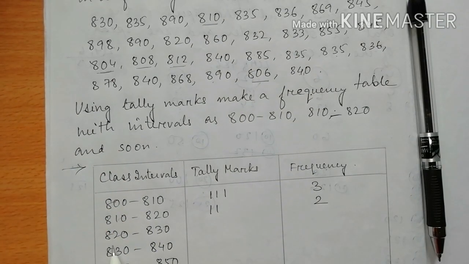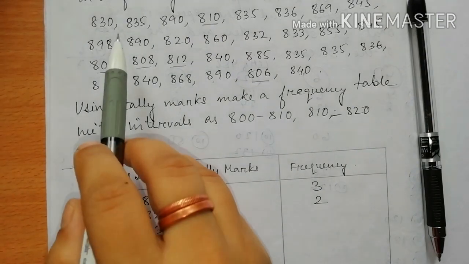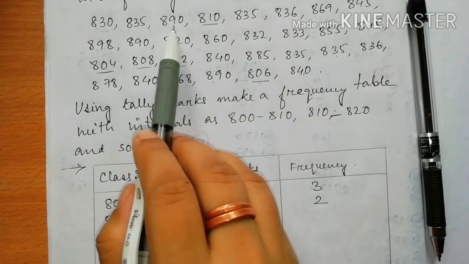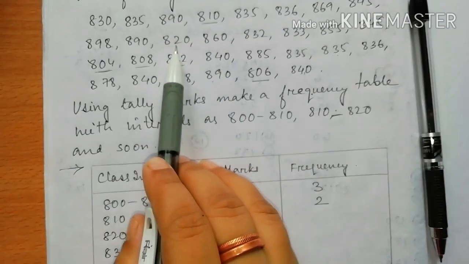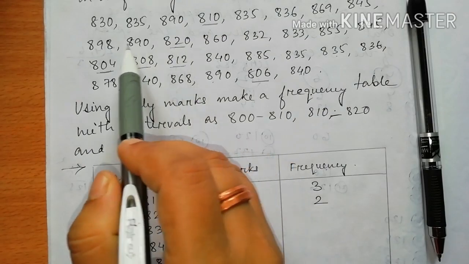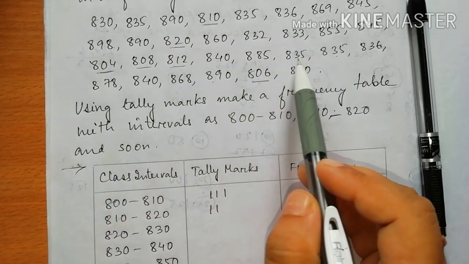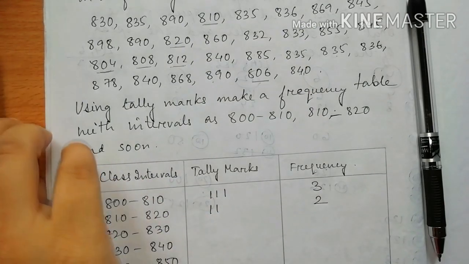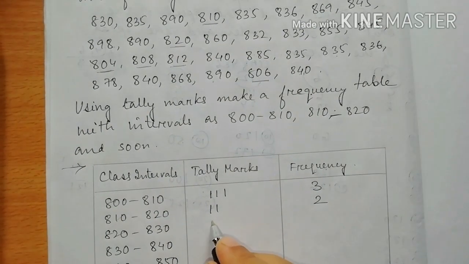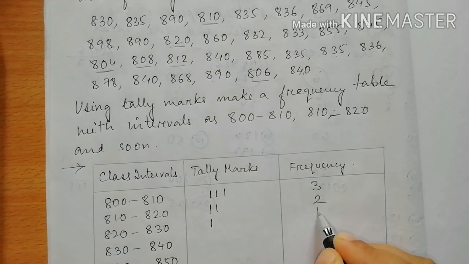Next, from 820 to 829, the tens digit in this case will be 2. There is only one number, so tally mark 1, frequency 1.